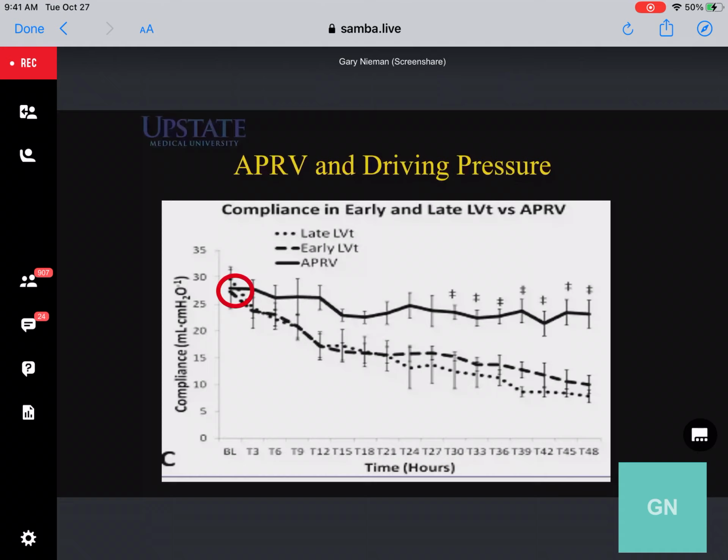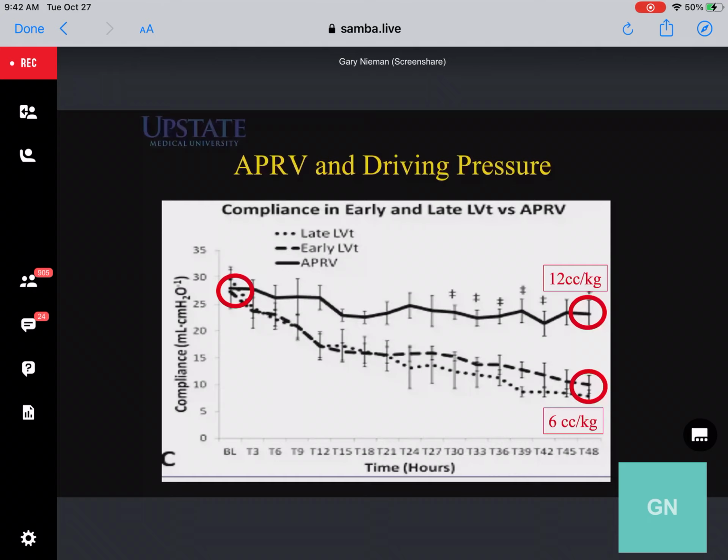And we see that with the TCAV method, compliance does not go down. In some cases, it actually goes up, whereas we have a continual drop in compliance in the group with the 6 cc's per kilo. And so it's very important to remember that it's not just the size of the tidal volume you're blowing into the lung, but the size and the compliance of the lung that you're blowing that tidal volume into.